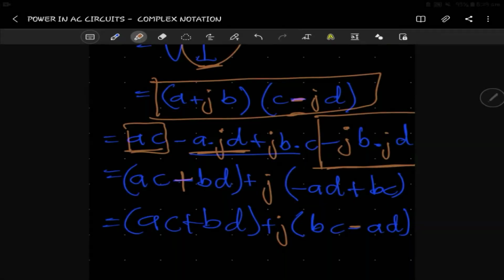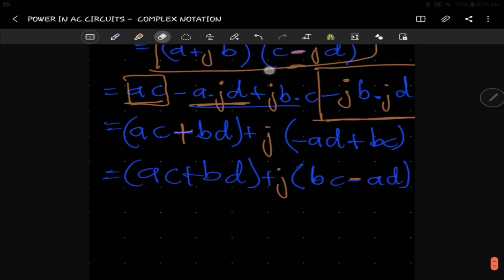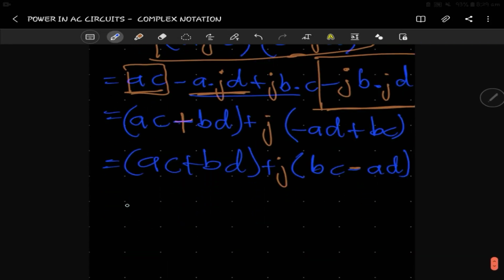This will turn our power, sorry, our apparent power, which is the S, into this form, where we have P plus or minus, depending, J, and then Q, where this is the real power, and this is the reactive power. So this will be the final representation that we have.